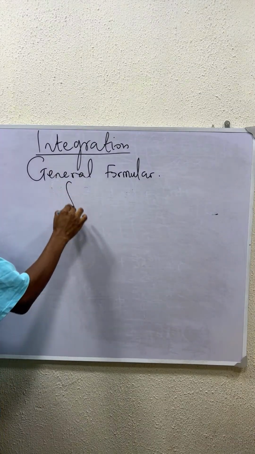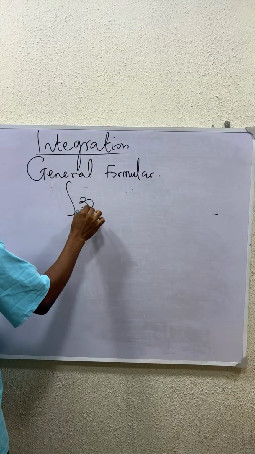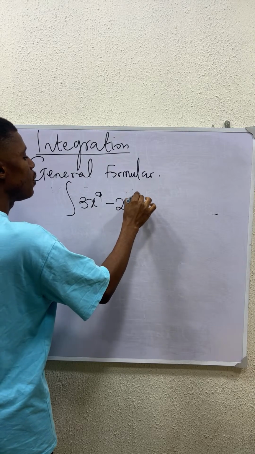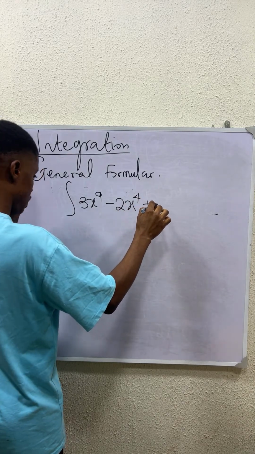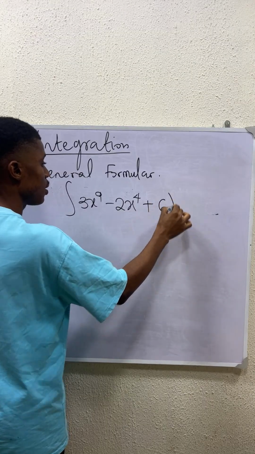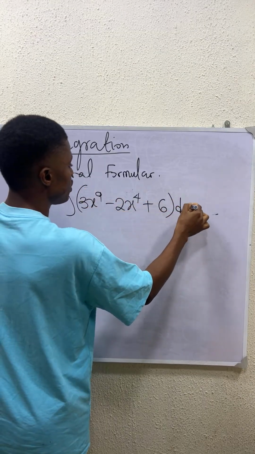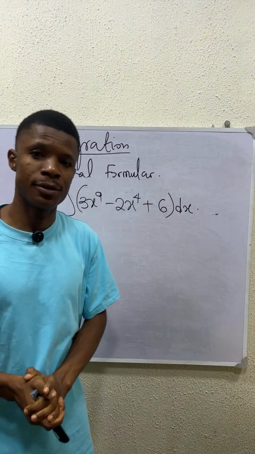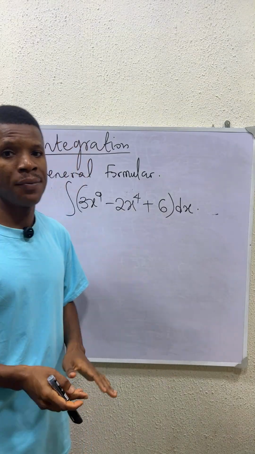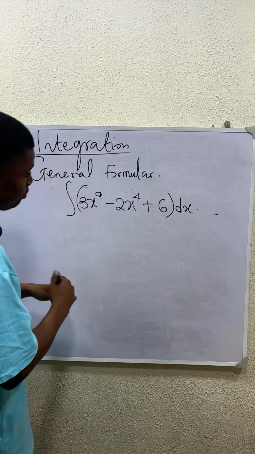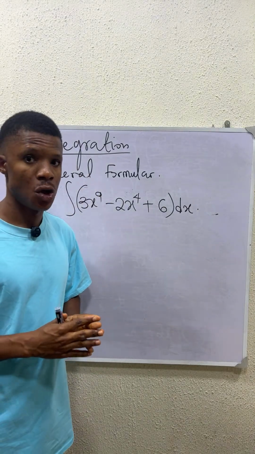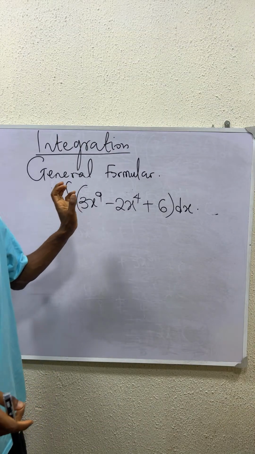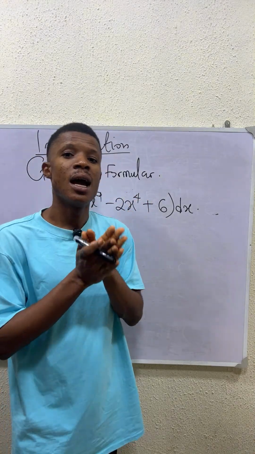So let's say you are told to integrate something like 3x^9 minus 2x^4 plus 6 with respect to x. For us to integrate this function, it is very simple, because we are integrating a sum and difference. As I told you, you integrate the individual terms as follows.